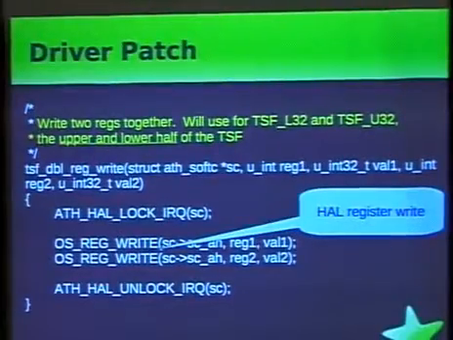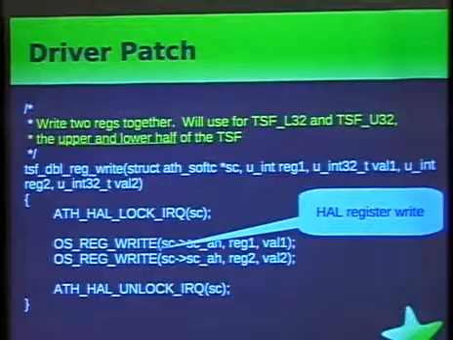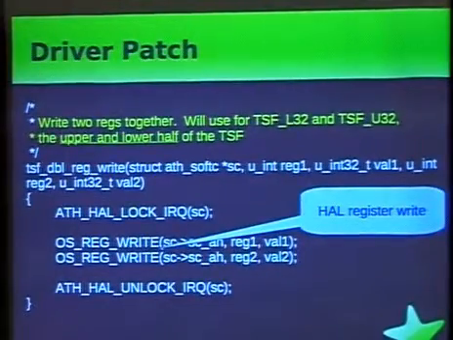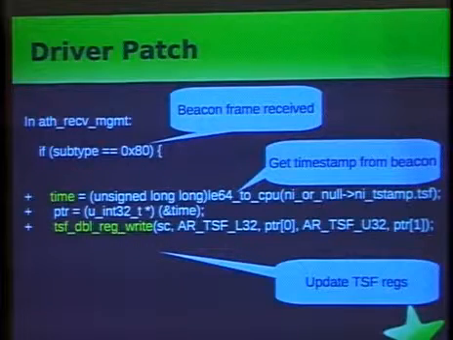We're going to use this wonderful function called a TSF double register write. It's luckily all there.